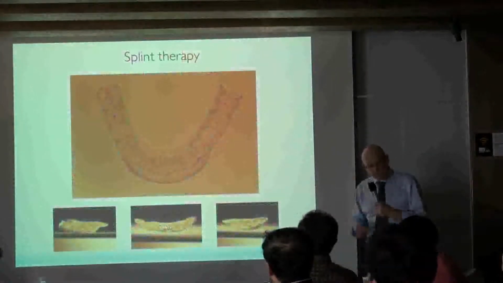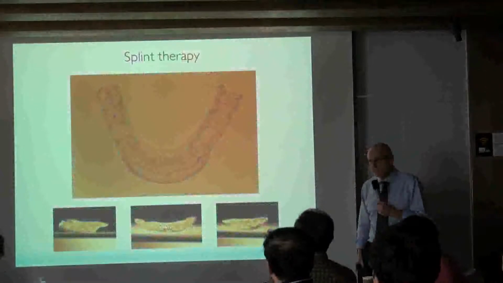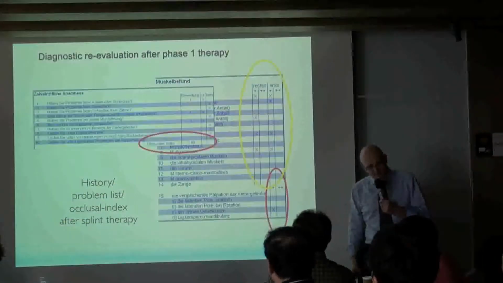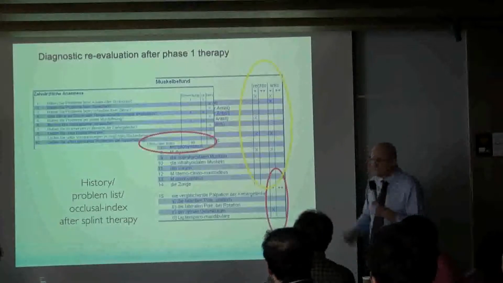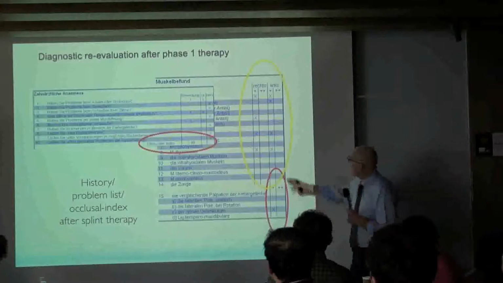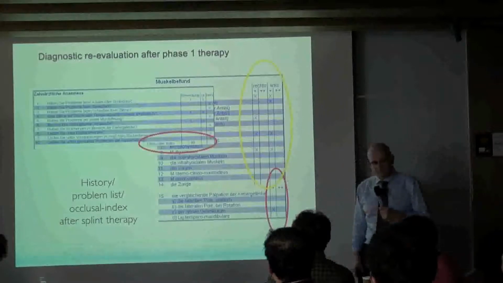I prefer to have a lower jaw splint, but it could be the upper one. Six weeks after splint therapy, we can re-evaluate the subjective signs and symptoms of the patient and do muscle palpation.